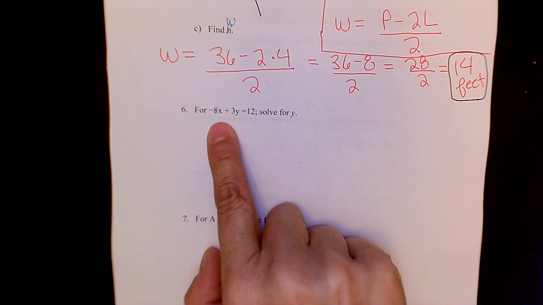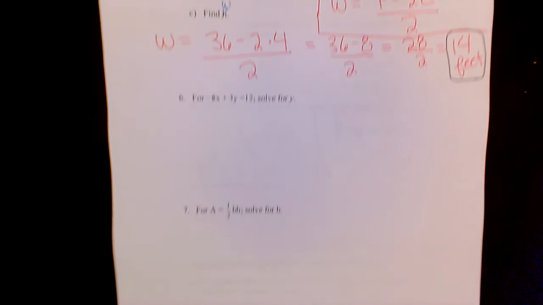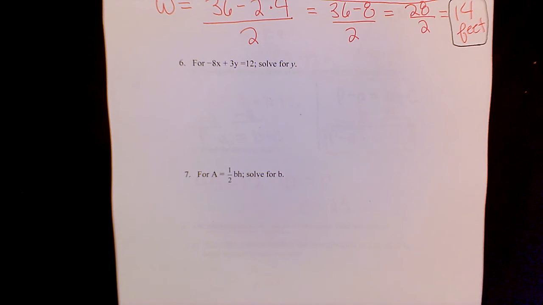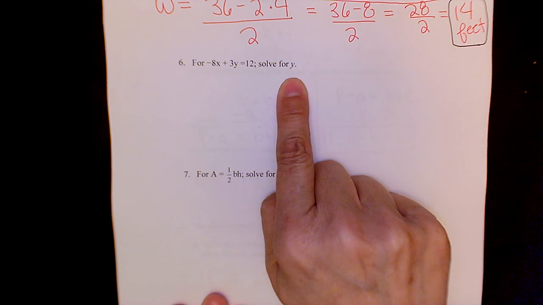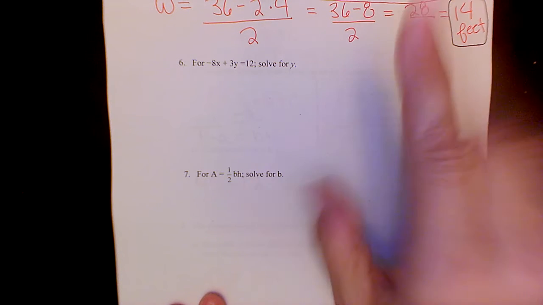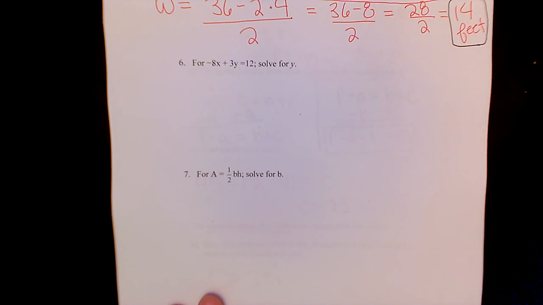Like here they're giving us negative 8x plus 3y equals 12. And they want us to solve for y, which means they want y on one side and everything else on the other. So we're solving for y. It'll be y equals something.